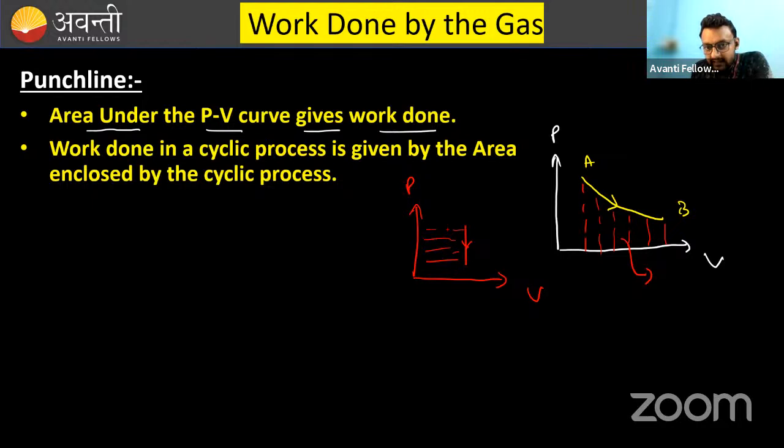If you take this area, it is wrong. Which area should you consider? The area of the graph with the volume axis. So we are considering the area with the volume axis only. This area. Clear?